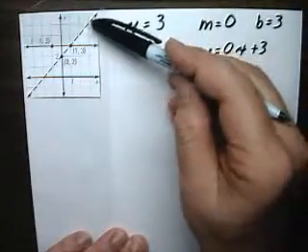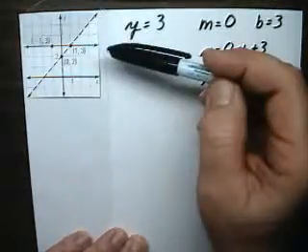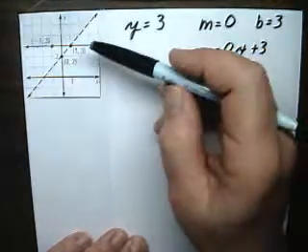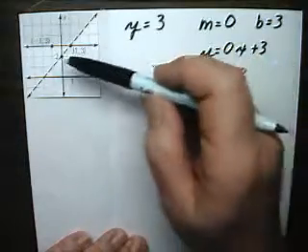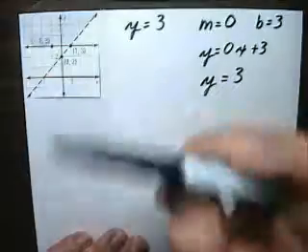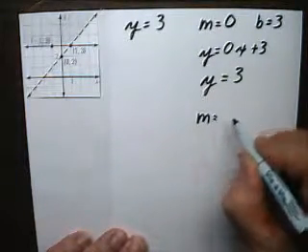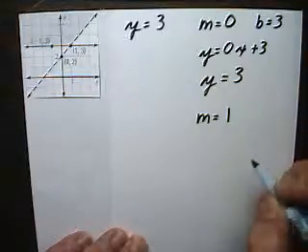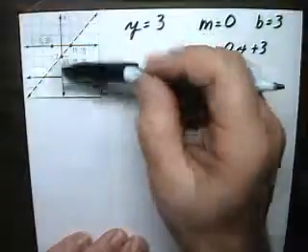Now let's take a look at the equation of the other line. What's the slope of this line? It goes up 1 and to the right 1, up 1 to the right 1, up 1 to the right 1. So the slope for this line is m equals 1. And now let's figure out b. Well, b is right there.